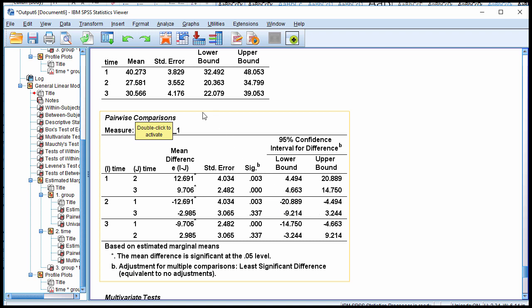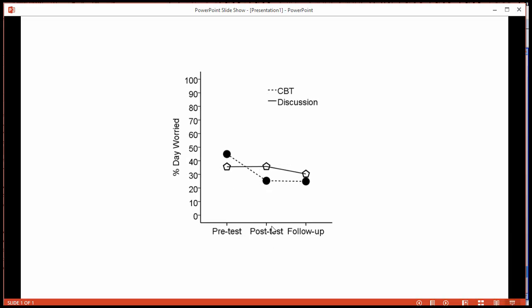Now, you can't make the claim that there was a statistically significant reduction in anxiety from pre-test to follow-up as a main effect because, well, it's obvious there's a significant interaction here. And because there's a significant interaction, I have to conduct the simple main effect analyses in order to determine that the means are dropping for both the CBT and discussion groups in the same direction and in a way that's statistically significant.